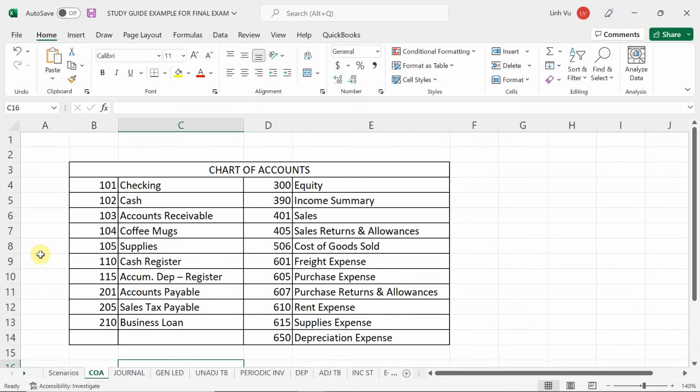So we took some cash out to pay back to the customer, and we also reduced the amount of the sales tax collected. Yes, so we have to give back the sales tax. Good. And then we have sales returns and allowances. Yes, good. So 405, 205, and cash back for 102.